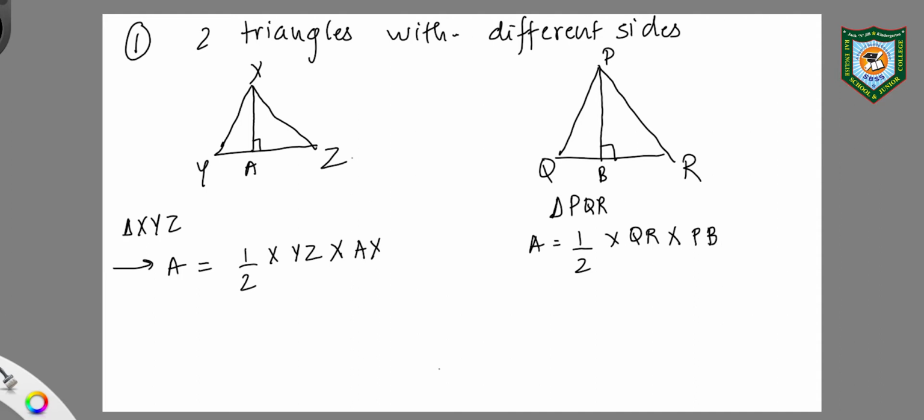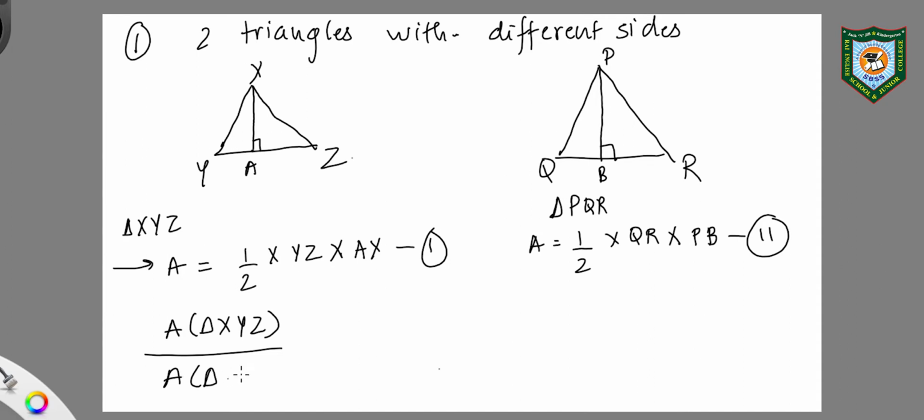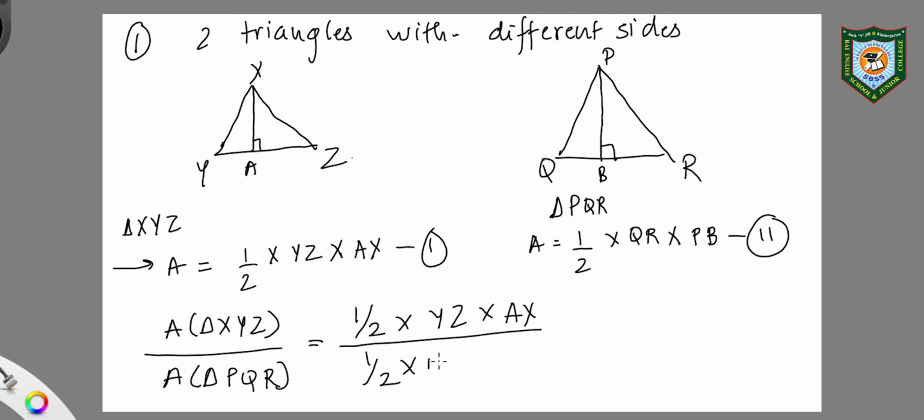So the ratio of these two triangles can be simply written as area of triangle XYZ, this is equation 1, divided by area of triangle PQR, this is equation 2, is equal to 1 by 2 into YZ into AX divided by 1 by 2 into QR into PB.